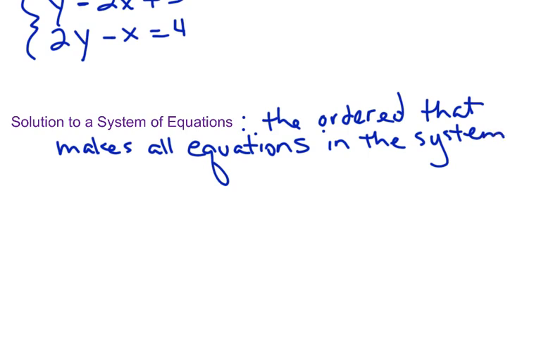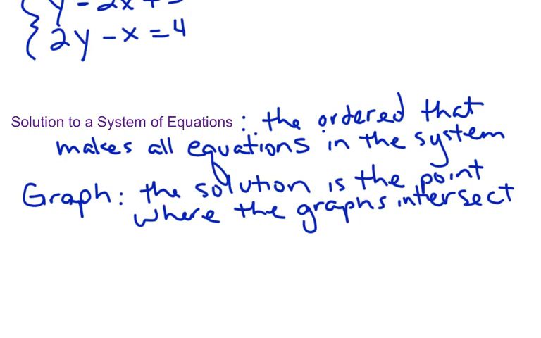Okay? Now, let's think about what that would look like. So on a graph, the solution is the point where the graphs intersect each other.